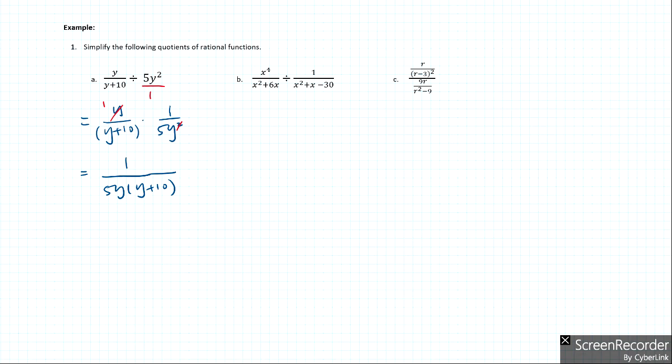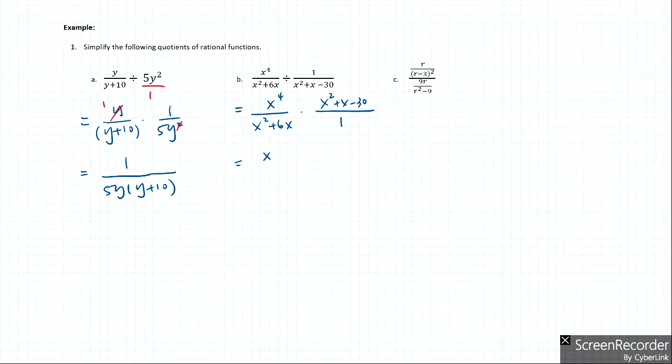In the next problem, we're going to look at this division and first turn it into a multiplication again. So we keep the first expression and flip the numerator and denominator in the second expression, because dividing by a rational expression is the same as multiplying by its reciprocal. Once we have this form, we again check each numerator and each denominator to see whether we can factor anything.